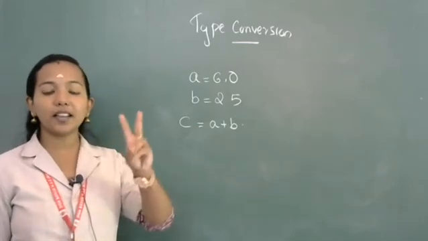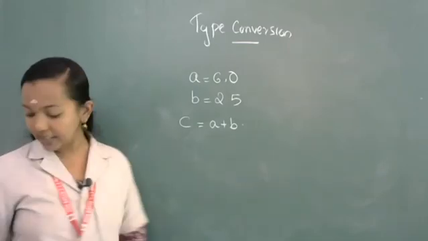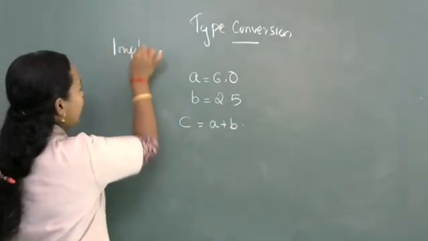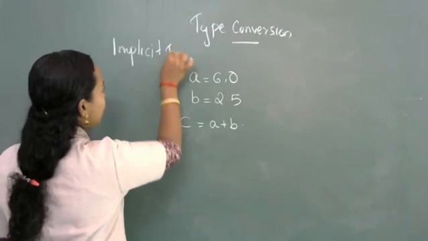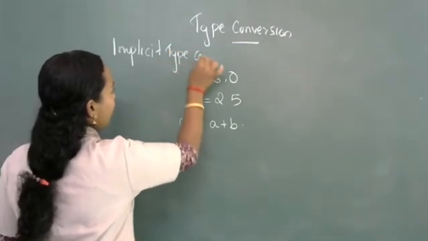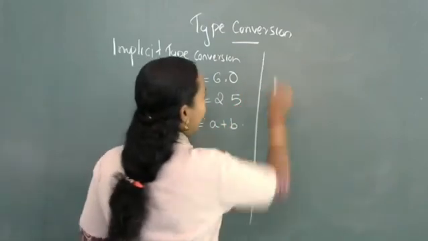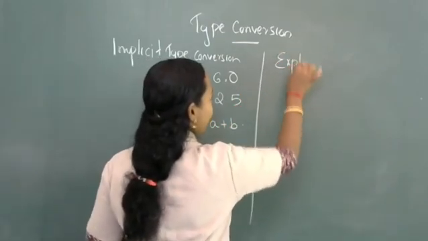In C++, there are two types of type conversion. The first one is implicit type conversion. The second one is known as explicit type conversion.